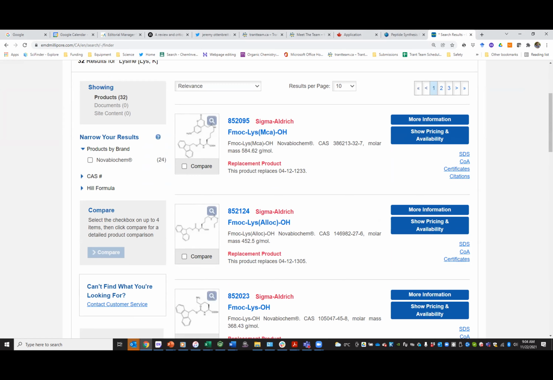Now, generally, the side chains on any given amino acid is acid sensitive. Fmoc.